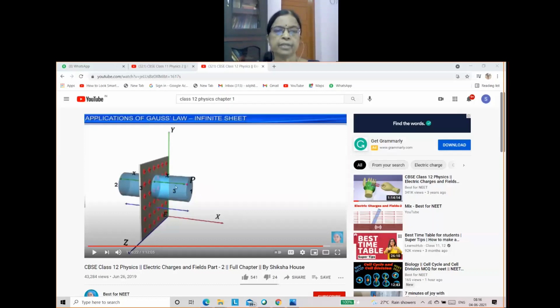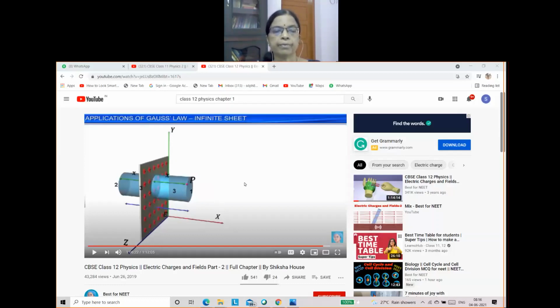Surface 1 is a flat surface, surface 2 is also a flat surface, and surface 3 is the curved surface of the cylinder. You have to find the flux passing through these three surfaces and add them. Then you will get the total flux passing through the Gaussian surface.